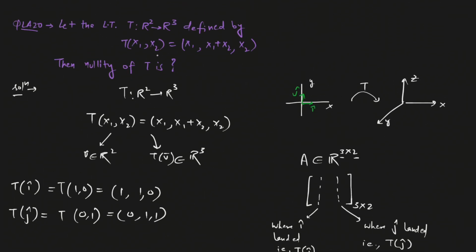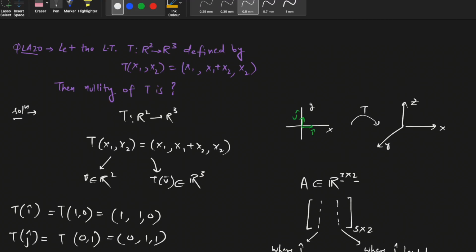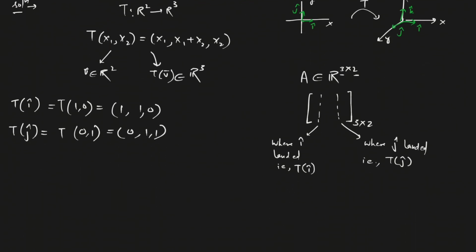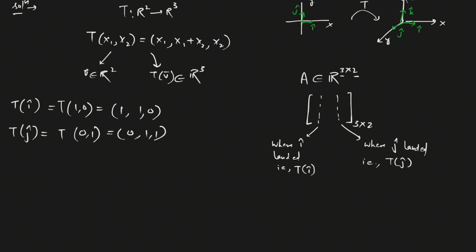But here there is no basis set given for the input or output vector space. So just like we assume the standard basis i hat and j hat for the input vector space, we can assume the standard basis i hat, j hat and k hat for the output vector space R3. So we don't need any further conversion.